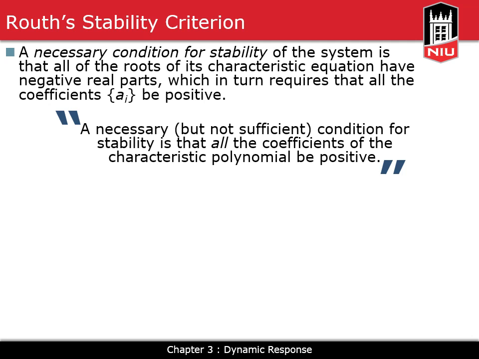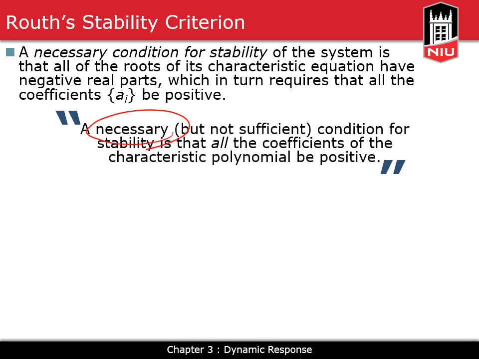So here are the first notes about Routh's stability criterion. A necessary condition for stability of the system is that all the roots of its characteristic equation should have negative real parts. A necessary condition for stability is that all coefficients of the characteristic polynomial be positive.